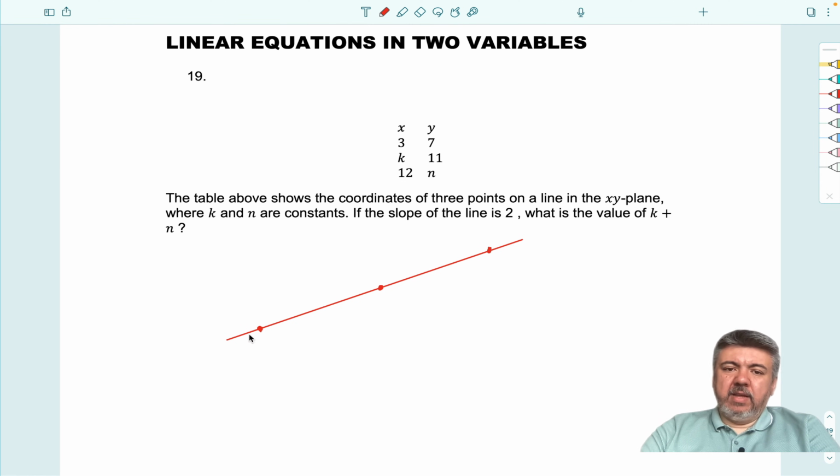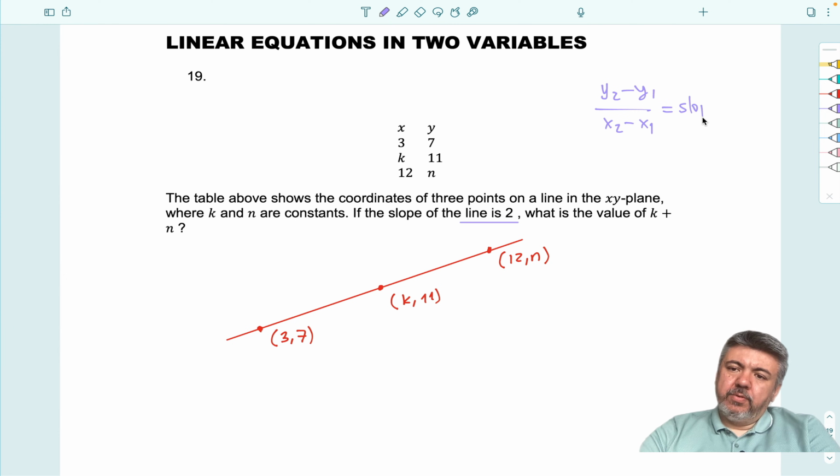One point is (3, 7), the next one is (k, 11), and the third one is (12, n). Remember, the slope is given as 2. y2 minus y1 divided by x2 minus x1 is the slope.